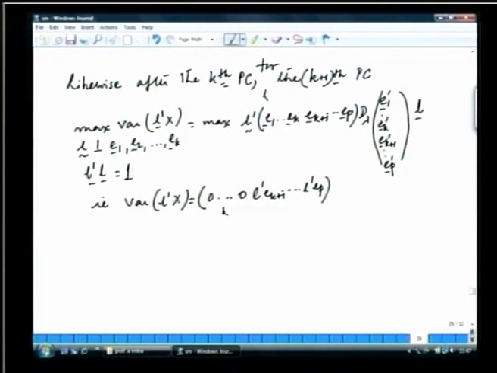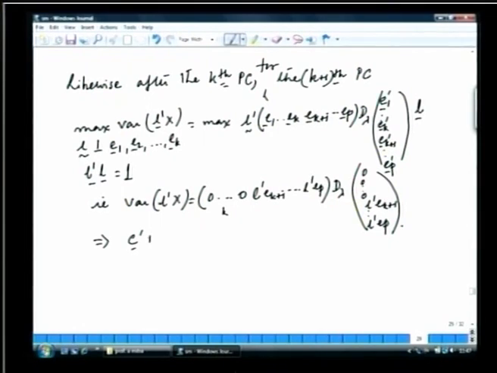L is not orthogonal with this, then you have d lambda, and similarly you have this 0, and then again you have L prime Ek plus 1 up to L prime EP, right. So, this you can define some vector, let us call this as some C vector.